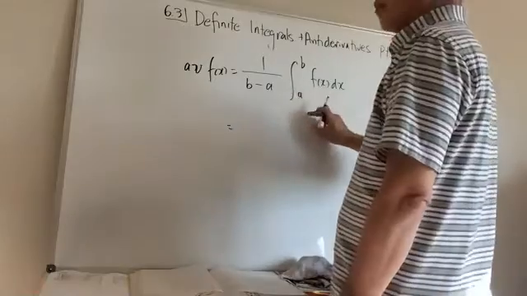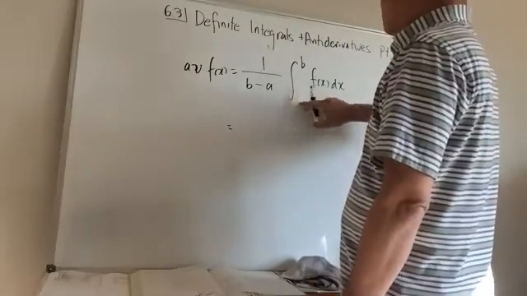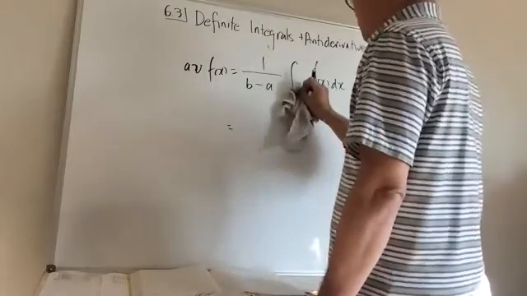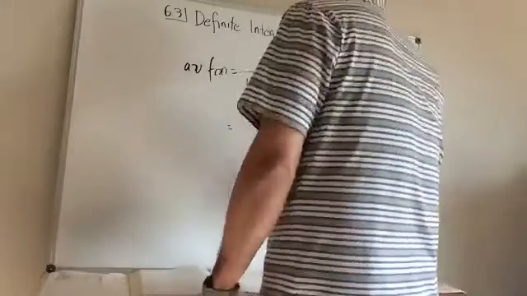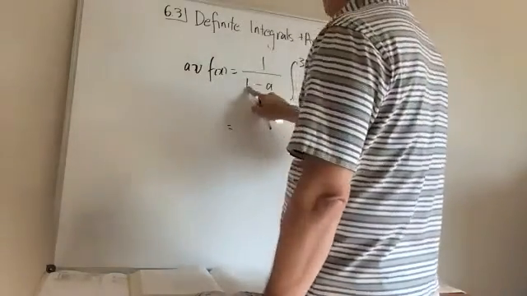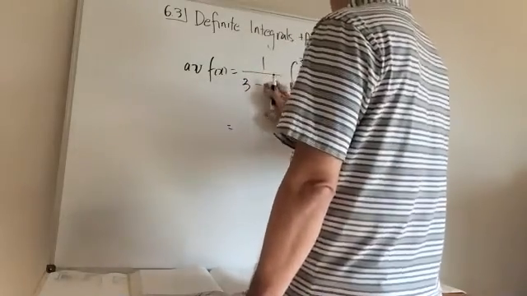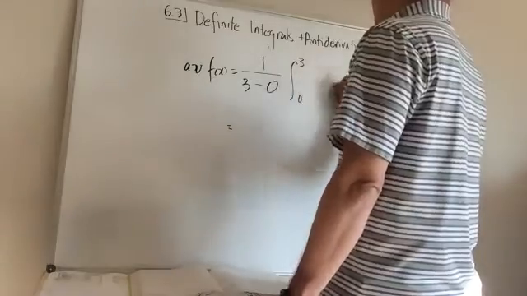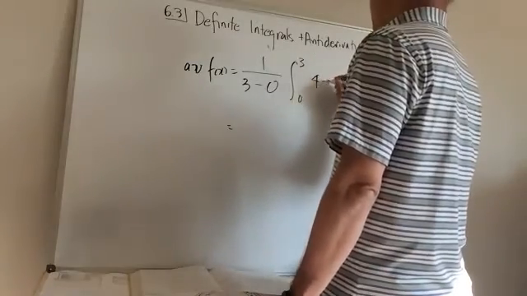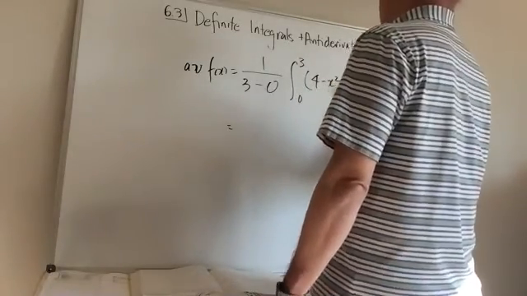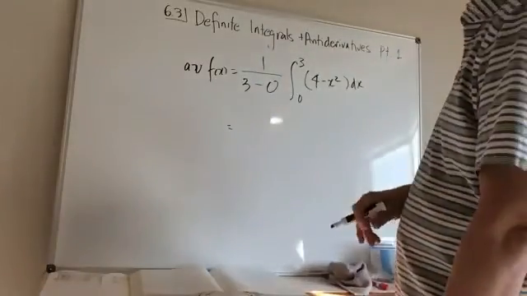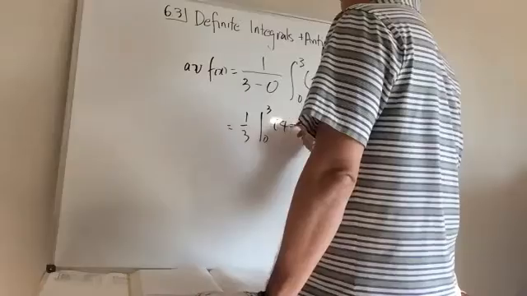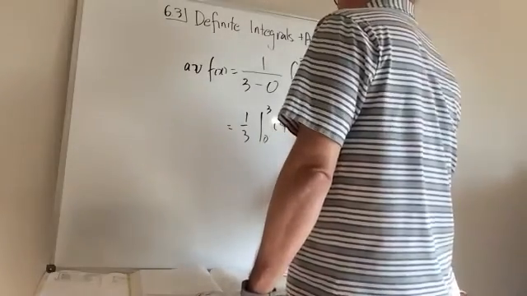From 0 to 3. So this is going to be 3 minus 0. And what was f of x? 4 minus x squared dx. So this will be 1/3 of the integral from 0 to 3 of 4 minus x squared dx.